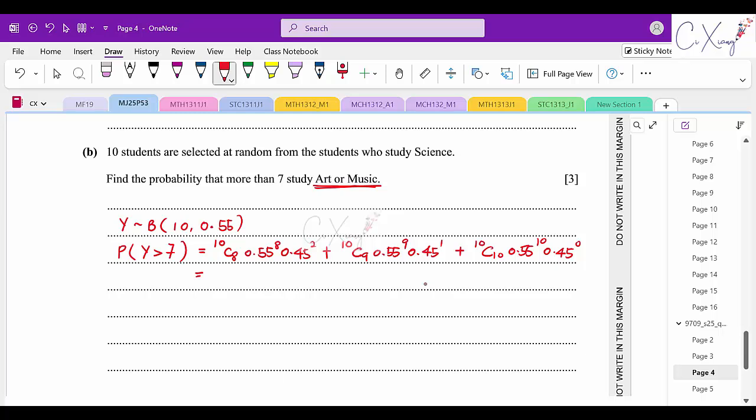Okay, then write out all the terms here, then try to get the answer using a calculator. I want to keep my answer to 3 significant figures, and it should be 0.0996. Alright, so this is how we solve the question.